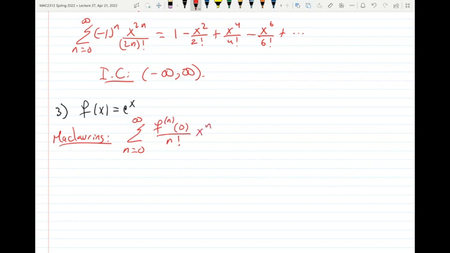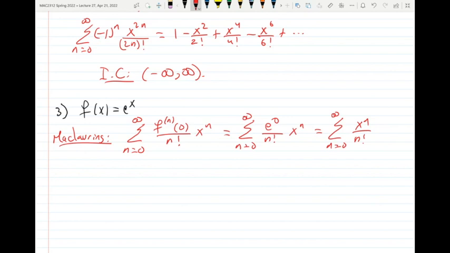But what do we know about the derivative of e to the x? Regardless of the power, it's just e to the x. So that's just e to the 0 over n factorial times x to the n, but e to the 0 is equal to 1. So we get x to the n over n factorial.